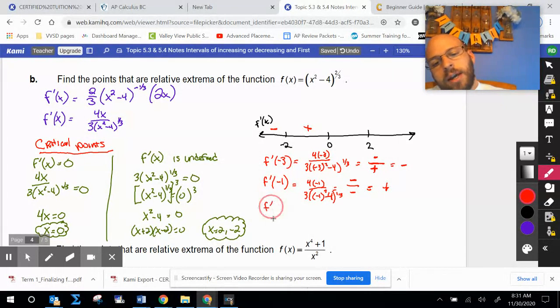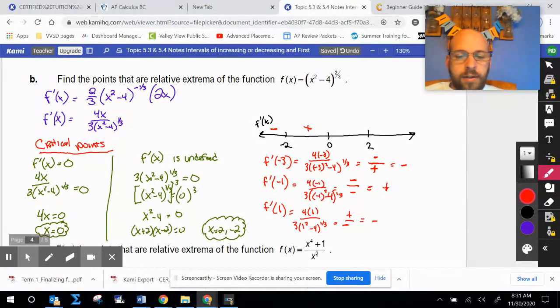I can do the same thing at 1. So 4 times 1 all over 3 times 1 squared minus 4 to the 1/3, which would give me a positive over a negative, which would be negative.